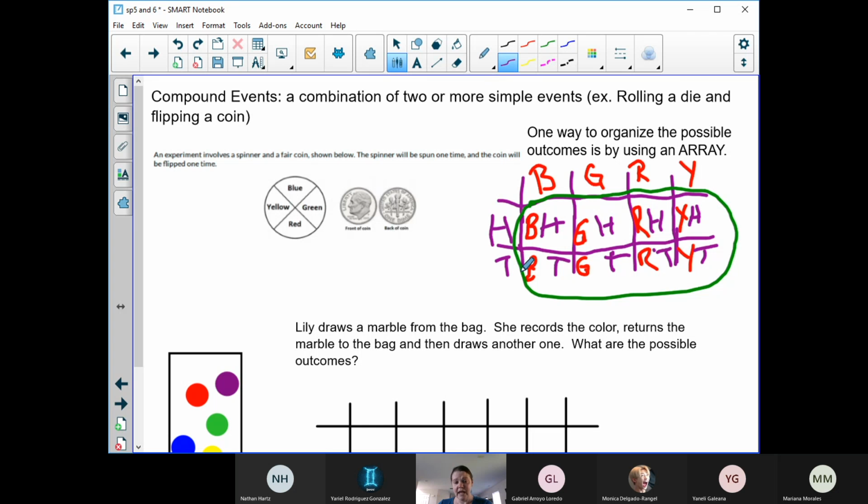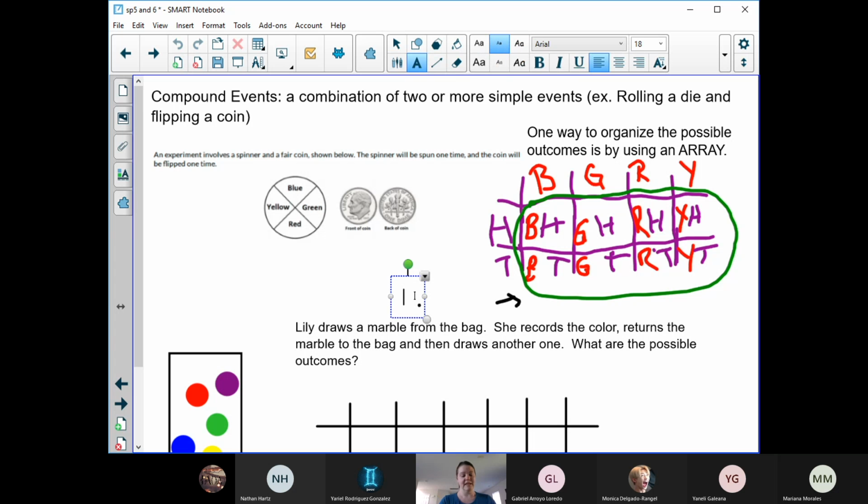Everything that is circled in green is my sample space. Remember, sample space is all of the possible outcomes that we could get. So everything in this table, the combinations, is my sample space for this compound event.